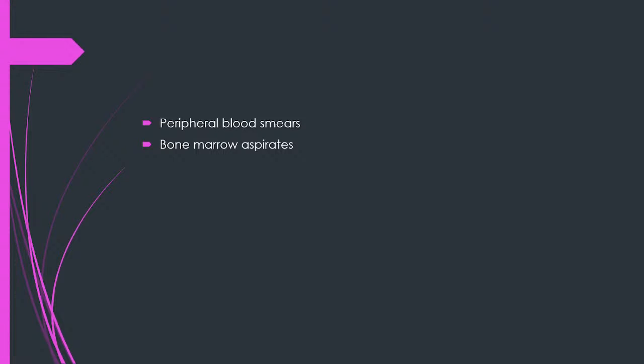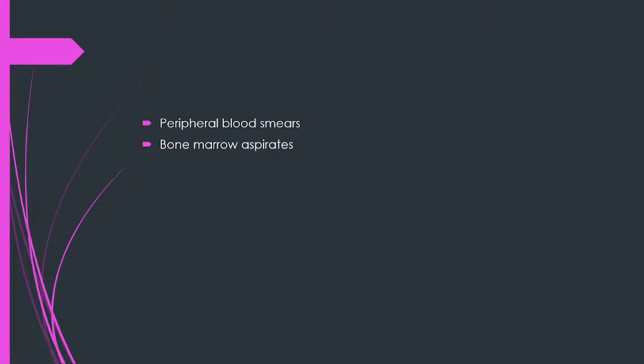So any form of blast cell or actively dividing cell in either of these two tests or samples that you receive or prepare would be a critical result. So please be mindful of those things because they might ask you in the board exam which of the following is a critical result in the laboratory.